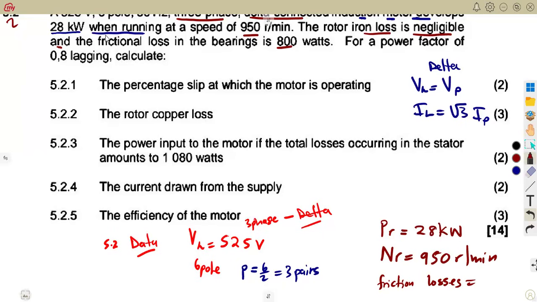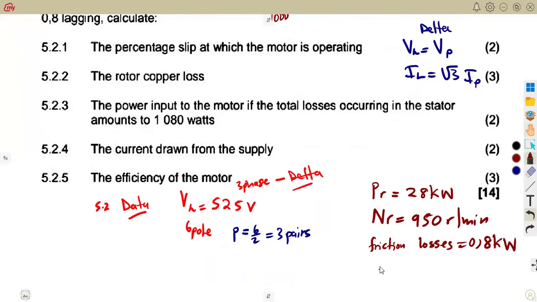We can even write that in kilowatts, since we are given the other power in kilowatts, just divide by 1000, which is 0.8 kilowatts. We are also given a power factor of 0.8 lagging.